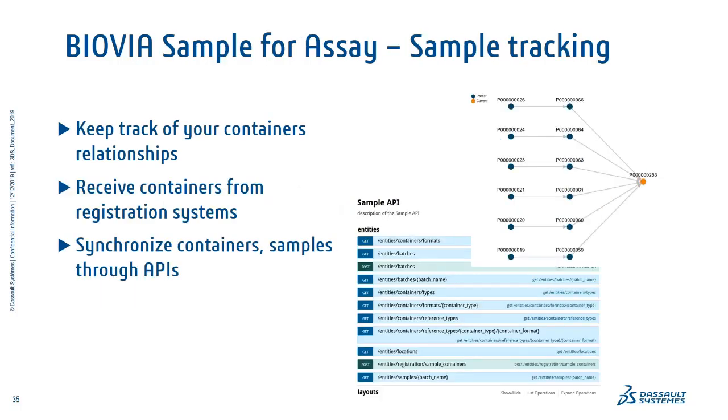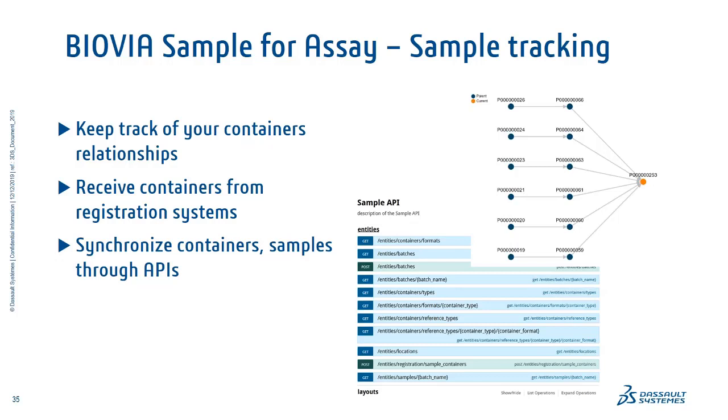On the sample side, the standardization really comes at the level of sample tracking. There is a strong focus on keeping track of the container relationships, and on the integration with the registration system.